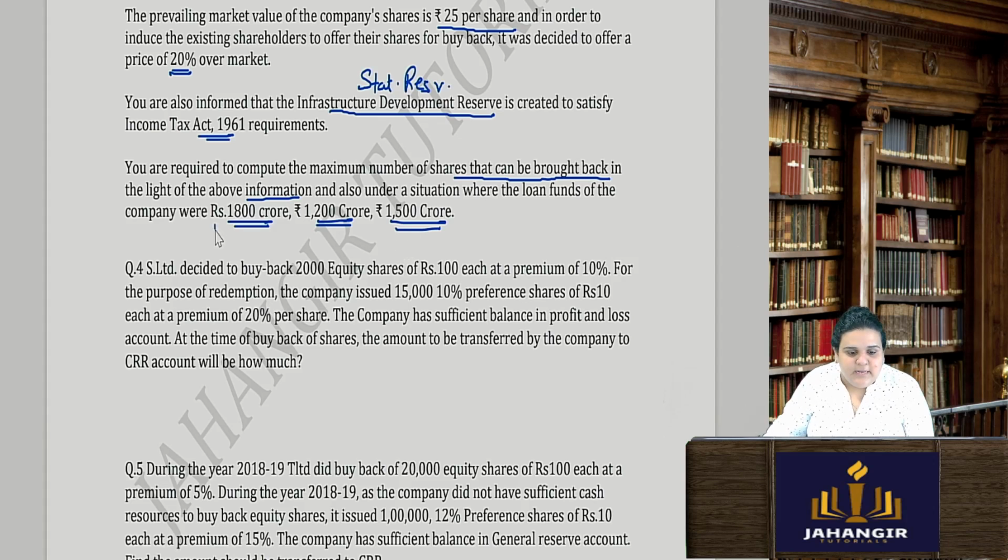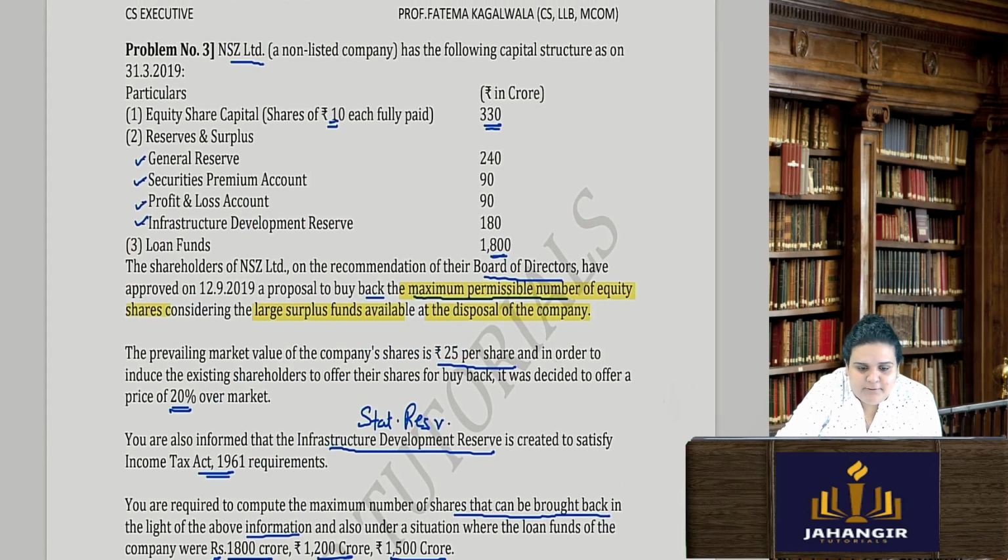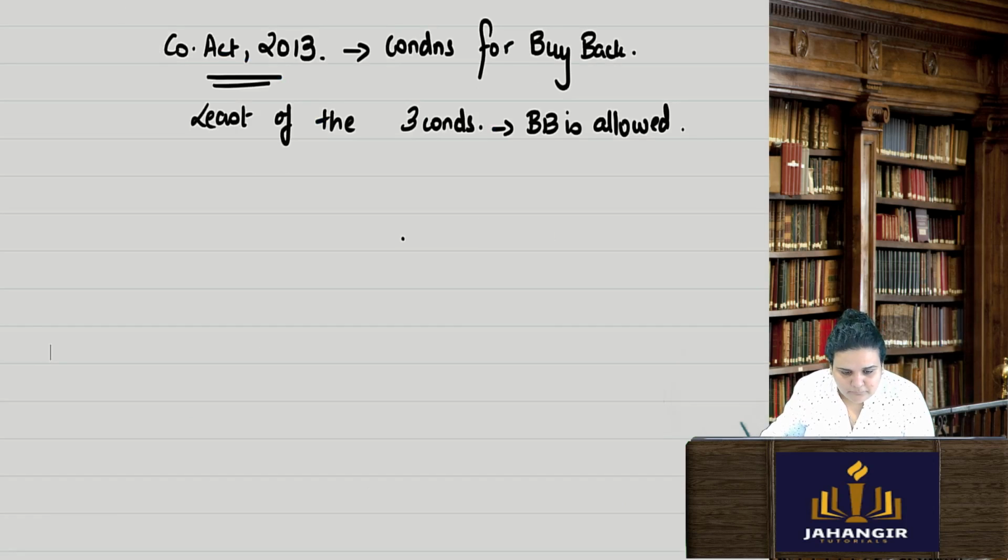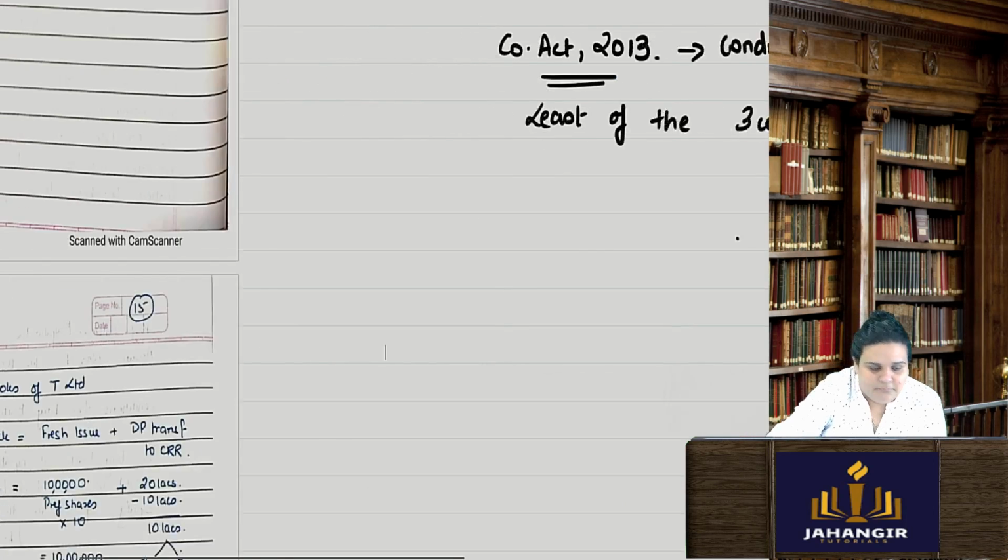First I'll start with this 1800 crores because that is what the sum is about. First situation, where my loan funds are 1800 crores and I want to buy back the shares of the company. So let's see this.